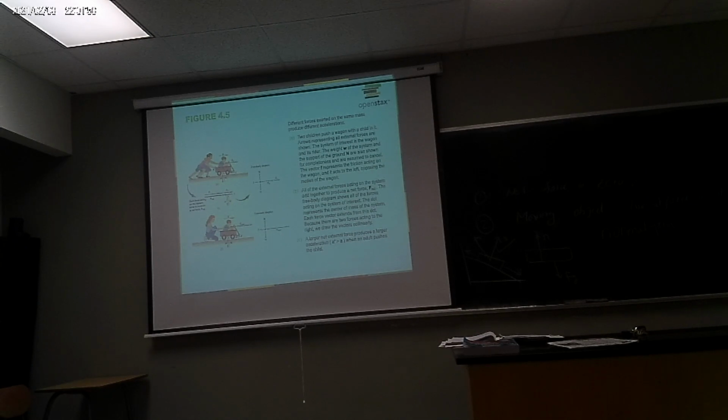So these two people act on this child, F1 and F2. I hope you all can see it. It's a very small picture. F1 and F2 are the forces exerted by these two people on that child, and there is a friction force acting in the opposite direction.